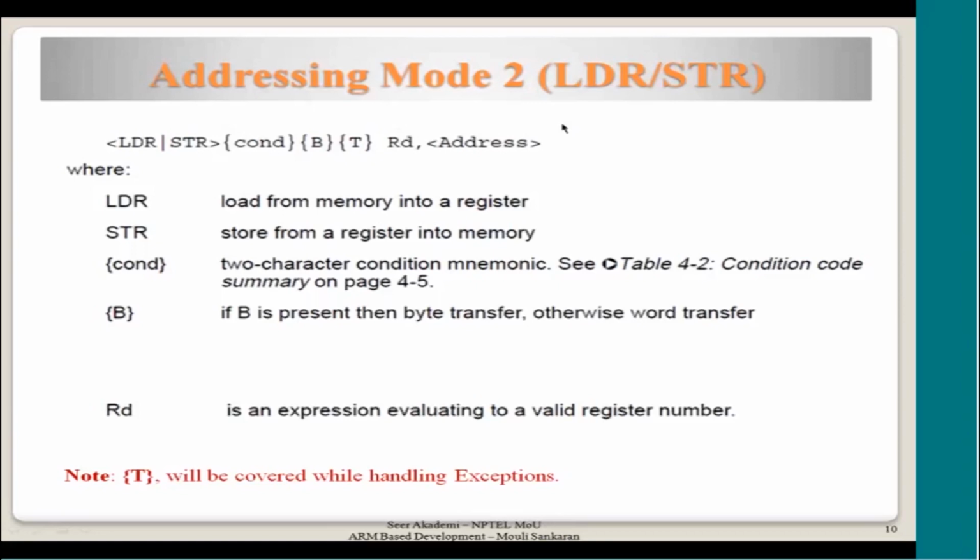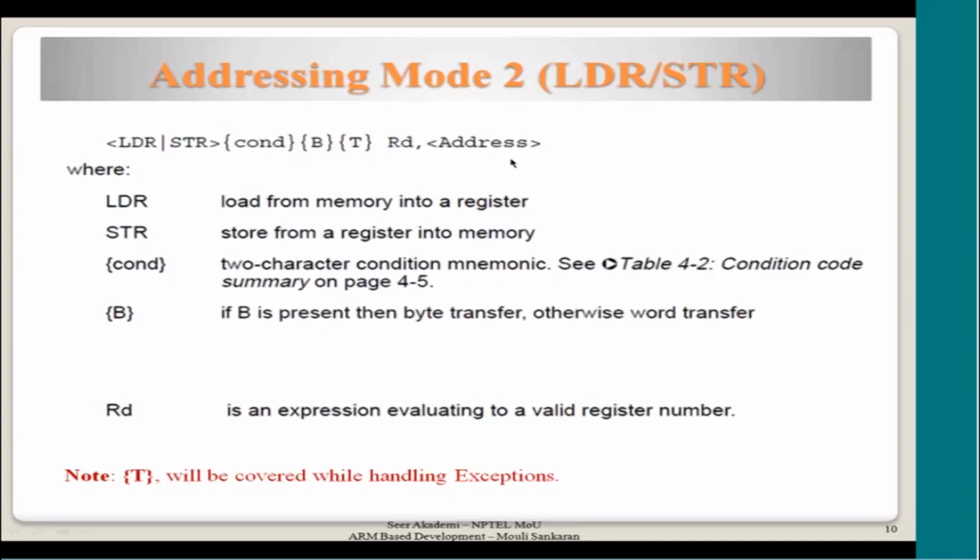Now why are we calling this addressing mode? Because we are interested in knowing how I can generate the address. When I say it has something to do with the memory, you should know which part of the memory this instruction is supposed to access, and where it is supposed to write a word or a byte, or where it is supposed to read a word or a byte. This instruction should be given a proper address. Now there are different ways this address can be generated.